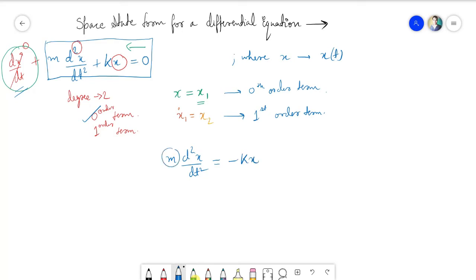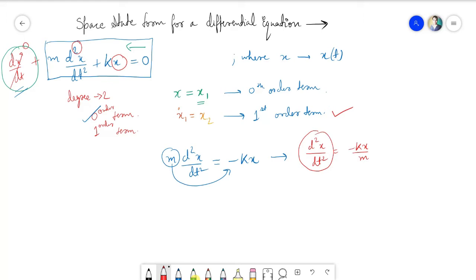Now this m we will take down here. So this becomes d square x by dt square is equal to minus kx by m. Now we have a variable for the first order, but we also need to convert it for the second variable also.